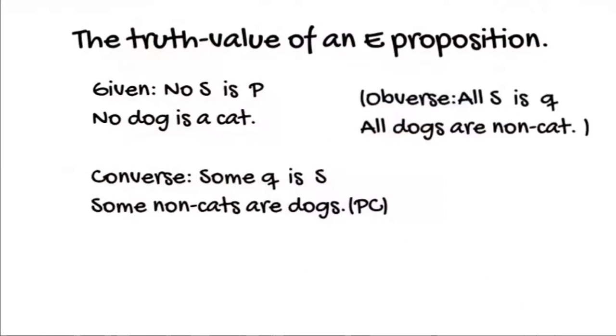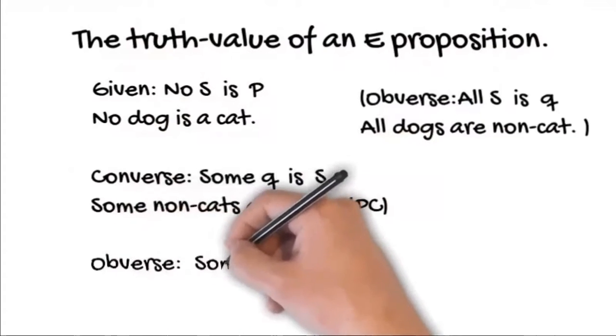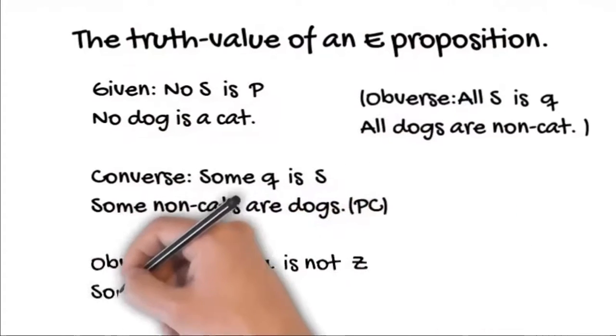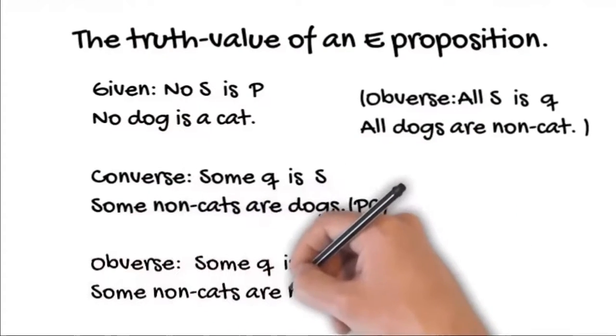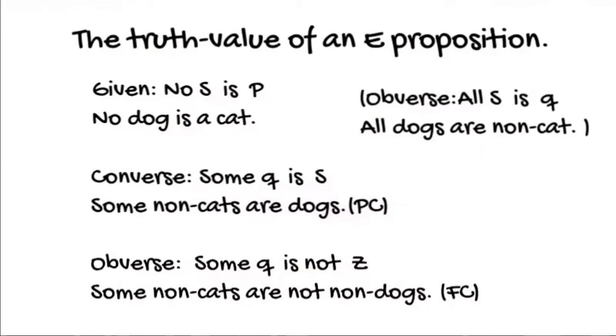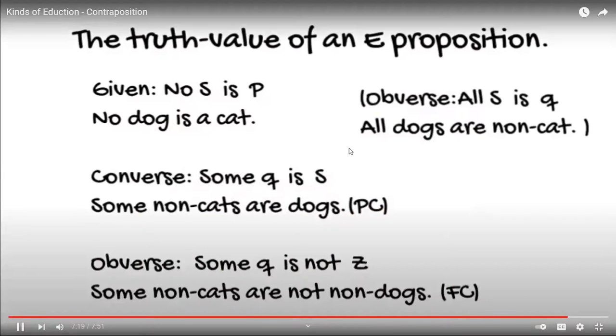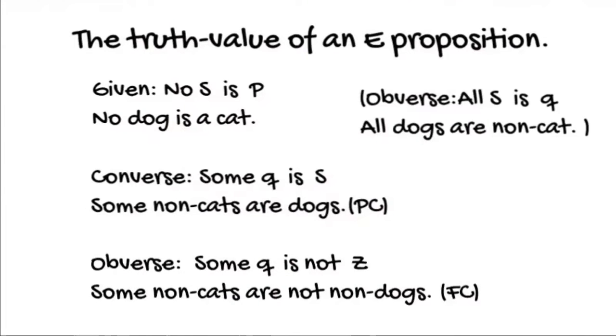And it's also correct to say that some non-cats are not non-dogs. But the law of subalternation says that if the subaltern is correct, the given is not necessarily correct. It's doubtful.